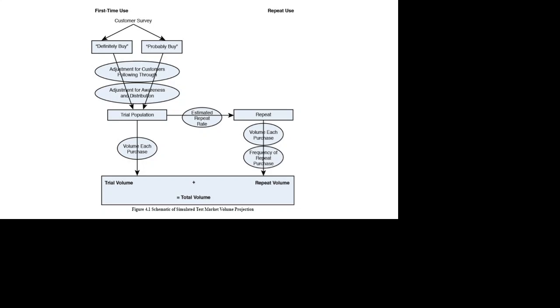Okay, you can take the numbers that you get from that survey and kind of estimate, given the responses that were provided, what percentage are actually going to follow through on this particular deal.